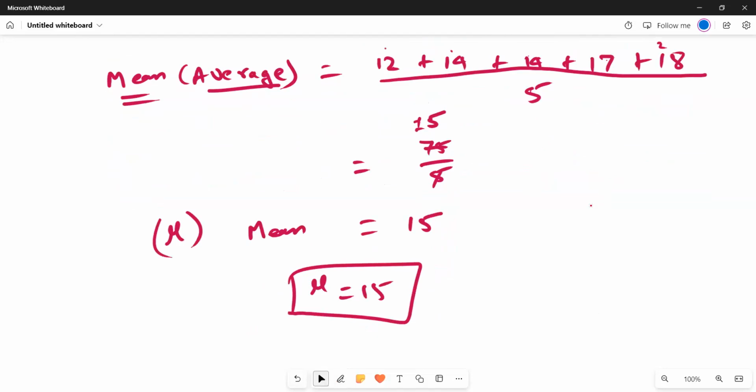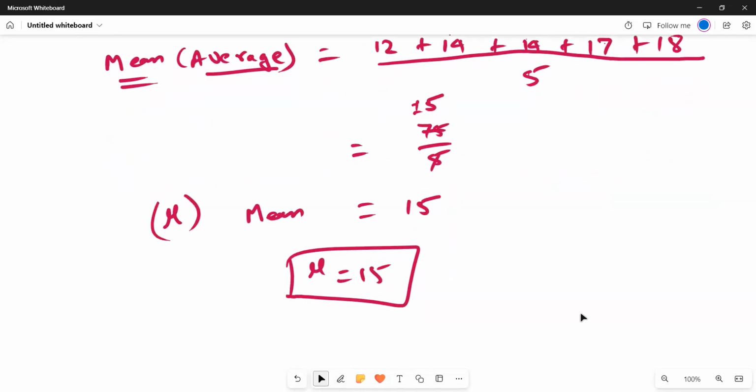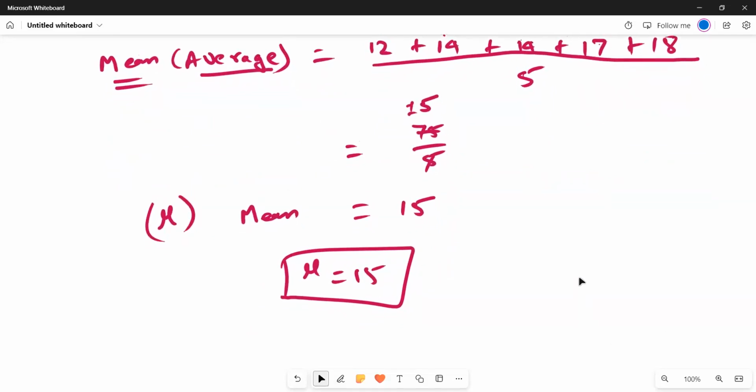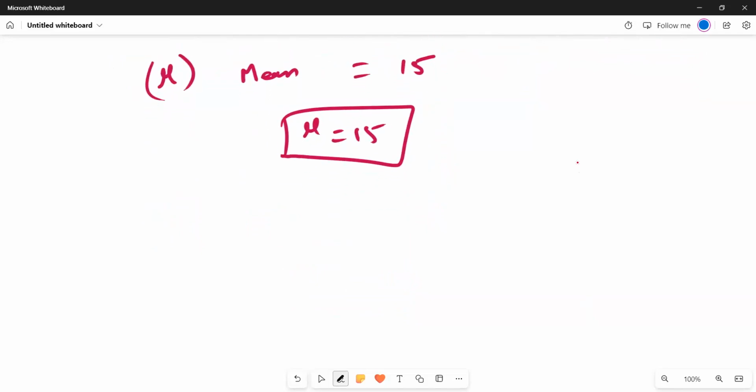Now, if we want to write it mathematically in general terms, how do we write mean? Mean is basically written as the summation of xi, where i goes from 1 to n, divided by n.